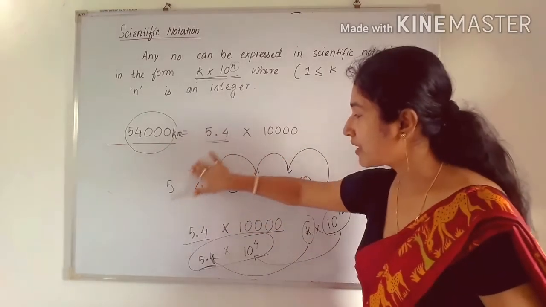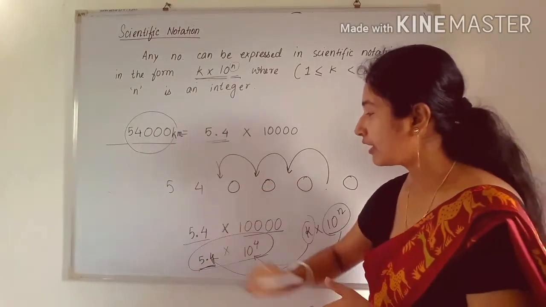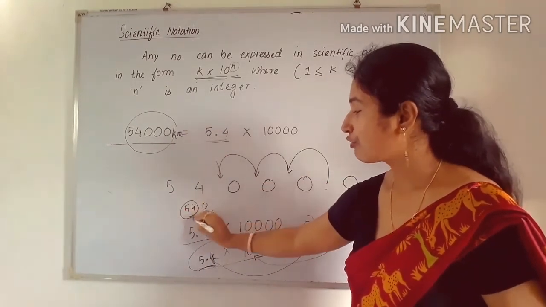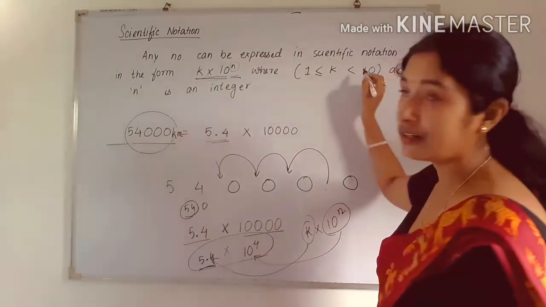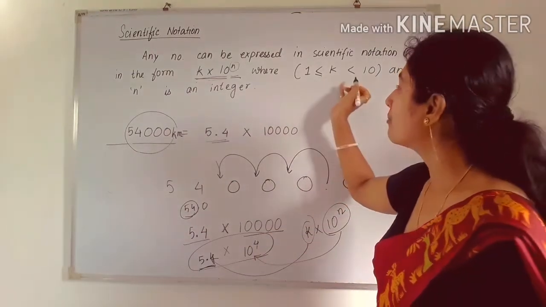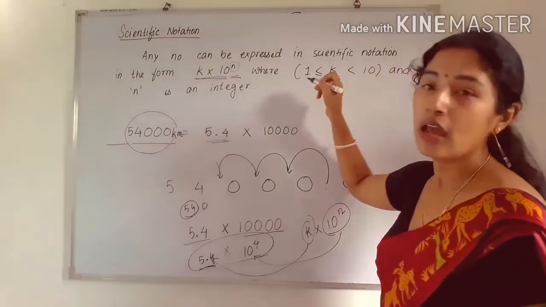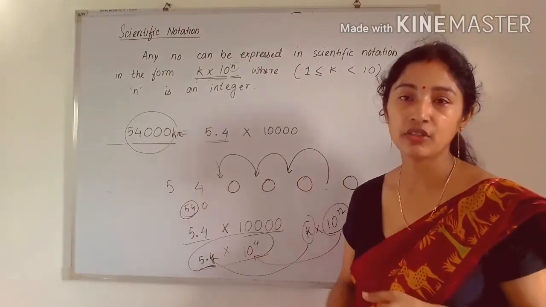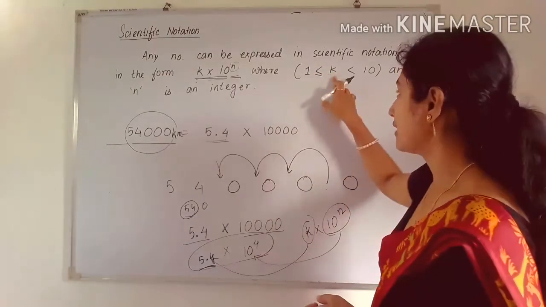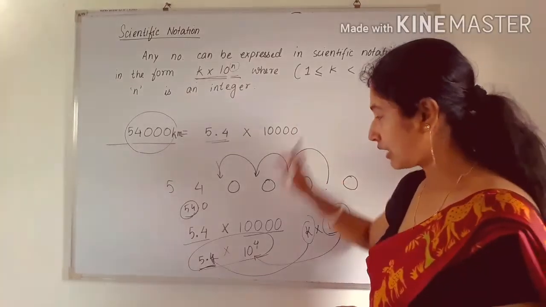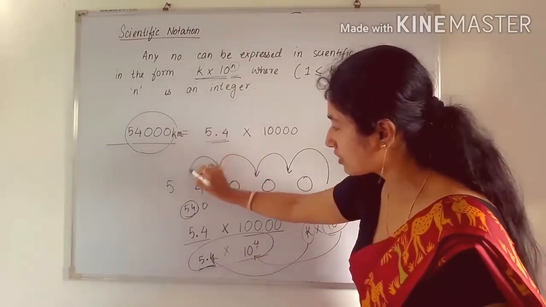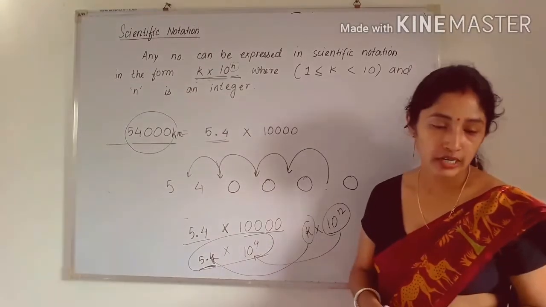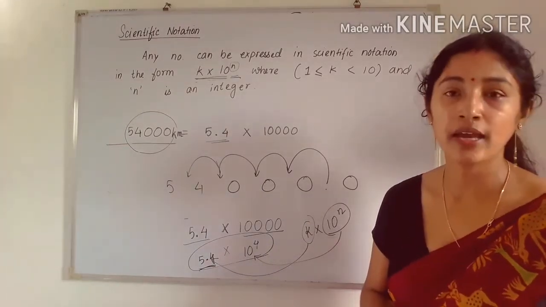If I do 3 places, I will get 54.0, but this 54 is greater than 10. I want the number to be less than 10, and it can be 1, 2, 3, it lies between these two numbers. So that's why I have to shift the decimal by 4 places.